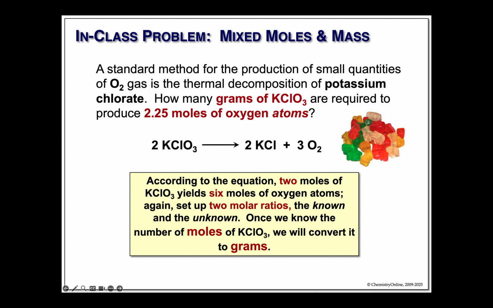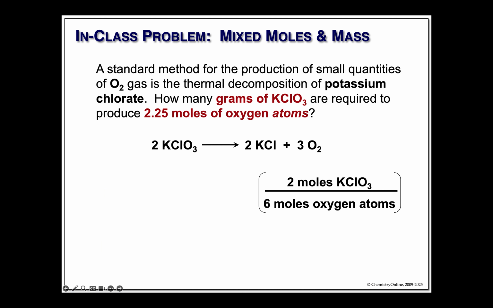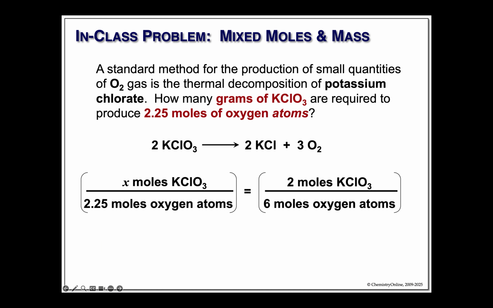Oxygen is going to be our given, so that's going to be in our denominator. 2 moles of potassium chlorate, 6 moles of oxygen atoms. The unknown, moles of potassium chlorate, moles of oxygen atoms.